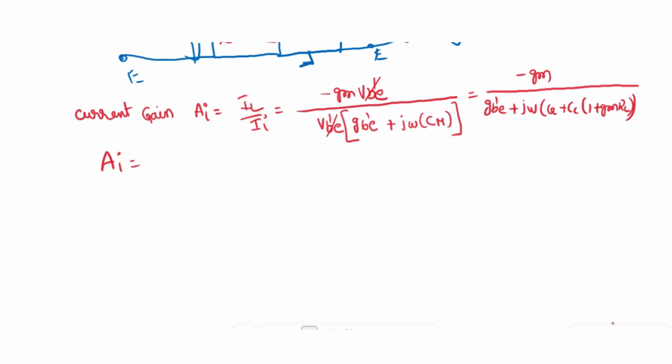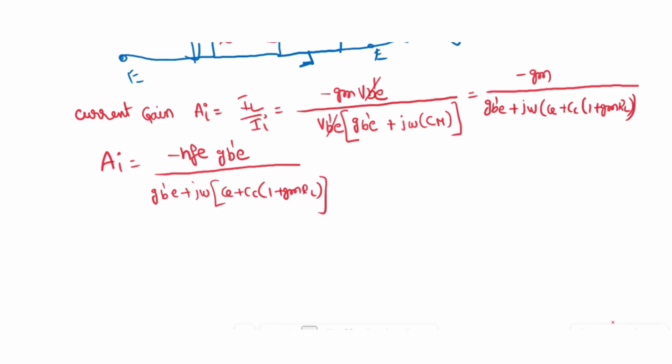Then AI. What is GM? HFE into GB dash E, divided by GB dash E plus J omega of CE plus CC of 1 plus GMRL.